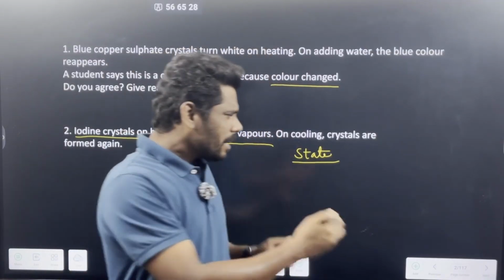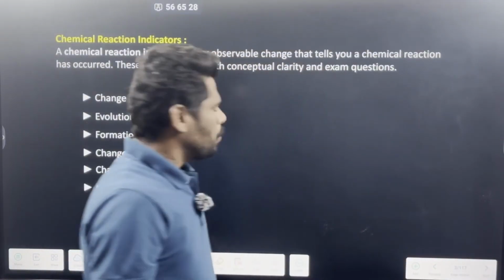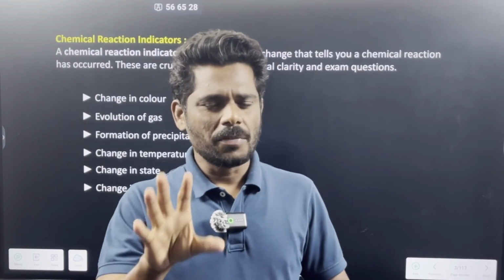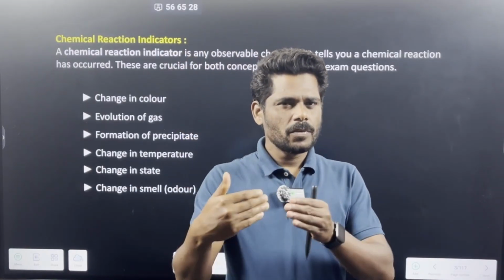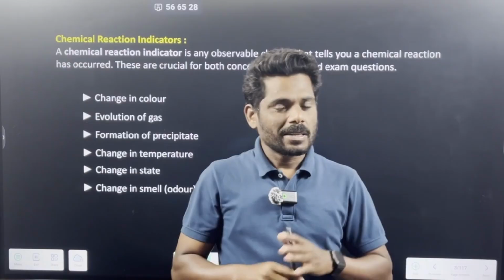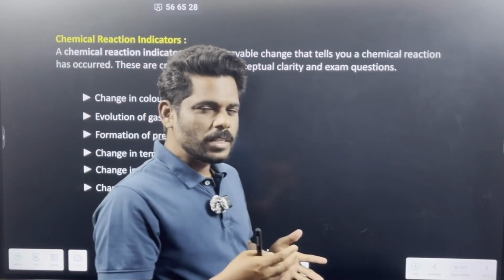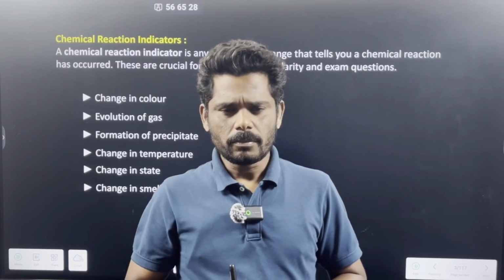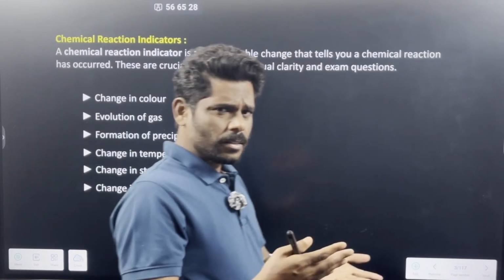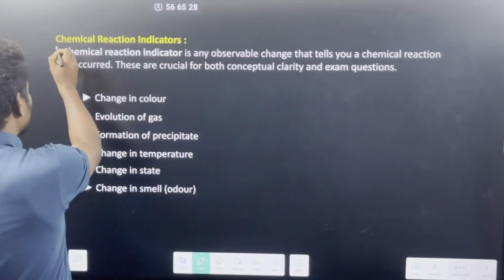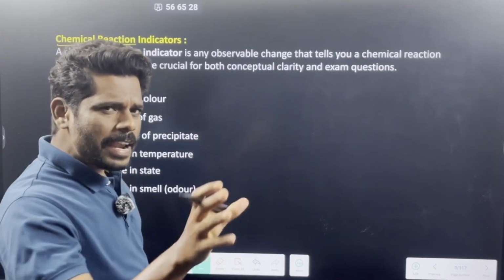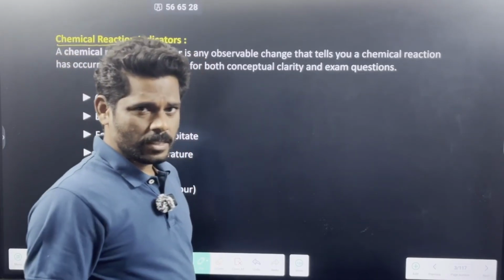In our earlier classes, we have learnt about the changes. In a simple way, we have studied that usually the change which is reversible was called a physical change. The change which is irreversible was called a chemical change. The chemical change, otherwise called a chemical reaction, in every chemical reaction we find some observable changes.